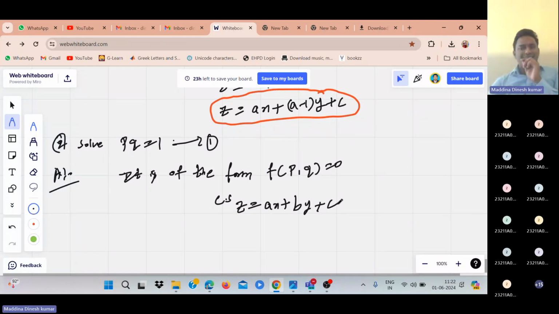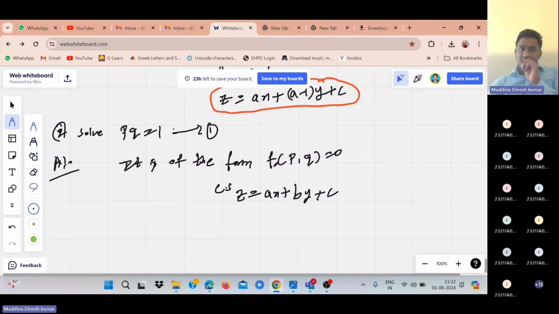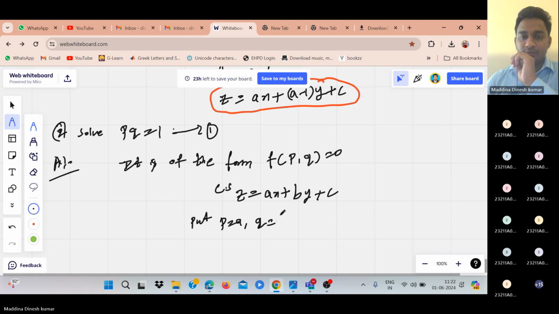If the given PDE is in terms of only p and q, then the complete solution is z equal to ax plus by plus c. Now we put p equal to a, q equal to b in 1.